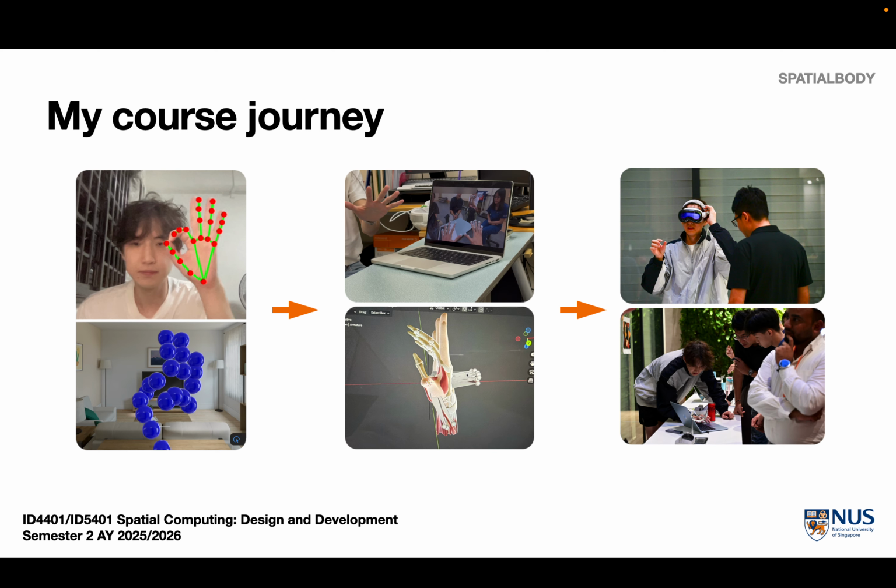But I quickly found out that the traditional 2D camera can't read depth, and one's hand movement has lots of self-occlusions, so the accuracy was pretty low. And then I switched to ARKit's hand tracking, which brought up a lot of spatial alignment issues. You can see the models here cannot overlap quite accurately with my own hand.